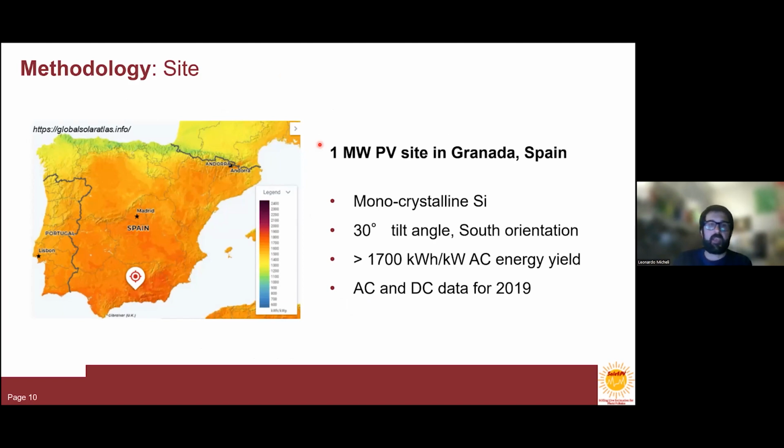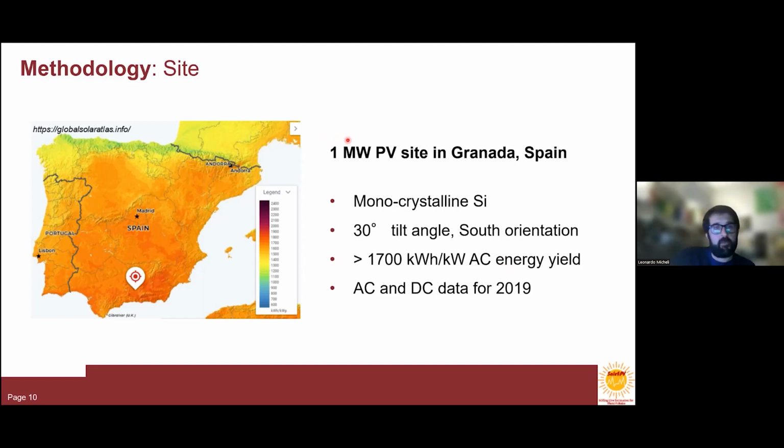Because it's a city that has quite high energy potential for photovoltaics, with very high insolation, and at the same time is extremely interesting for soiling. The south of Spain is experiencing periodical dust storms from the Sahara, and therefore soiling can be quite intense over there.